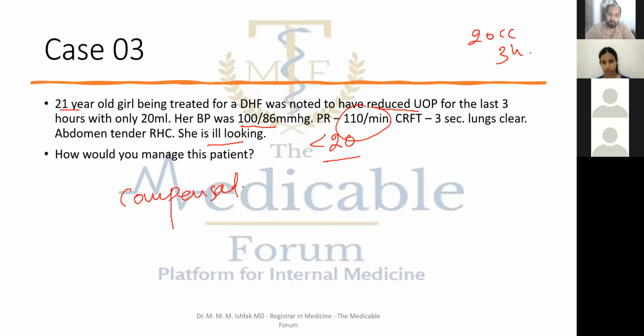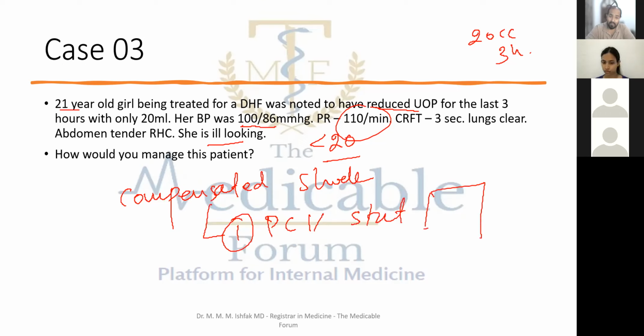This is a compensated shock. In a compensated shock, number one, do not forget PCV stat. Take blood for urgent PCV.